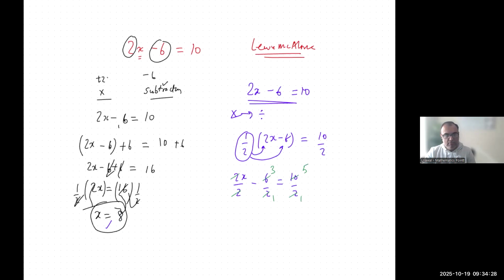So first term is now reduced to x, take away 3 equals to 5. Now it's easy. Just get rid of this 3. X minus 3, add 3 on both the sides. Get rid of 3 when you open the bracket up, and your x is 8.